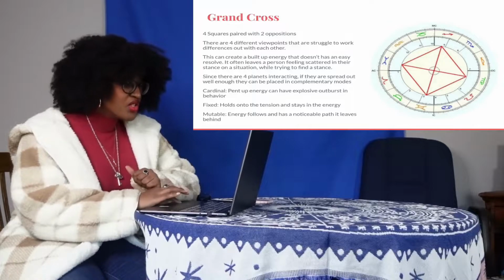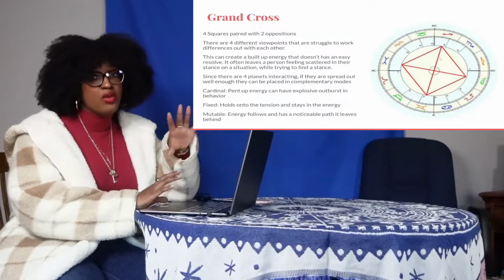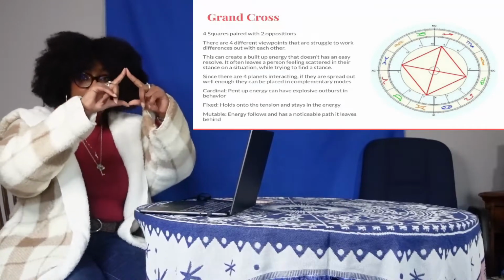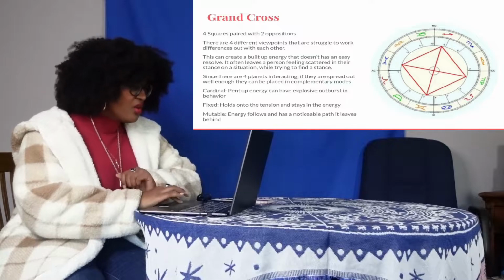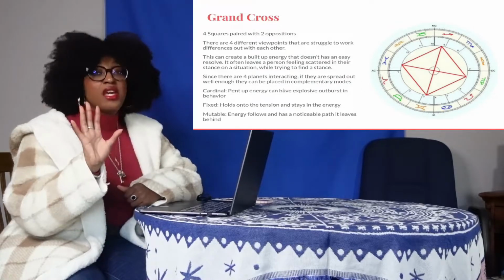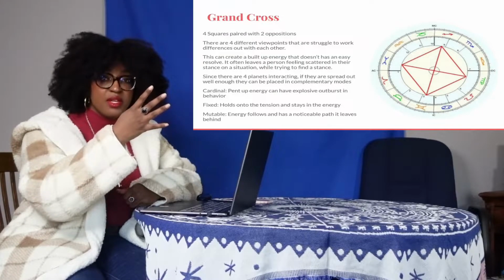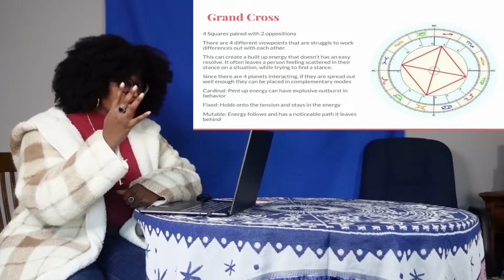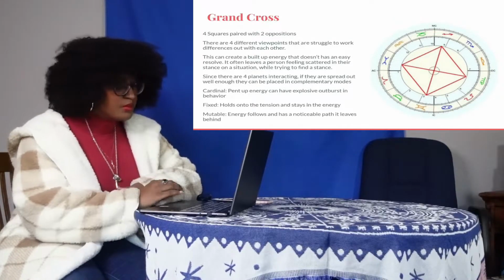And this can also happen in a grand trine, or grand triangle, the equilateral triangle where every side is equal to each other. You're able to have, because it's 4 points, as I said, there are 4 elements, so therefore each element has a cardinal, fixed, mutable, because it's like a season.